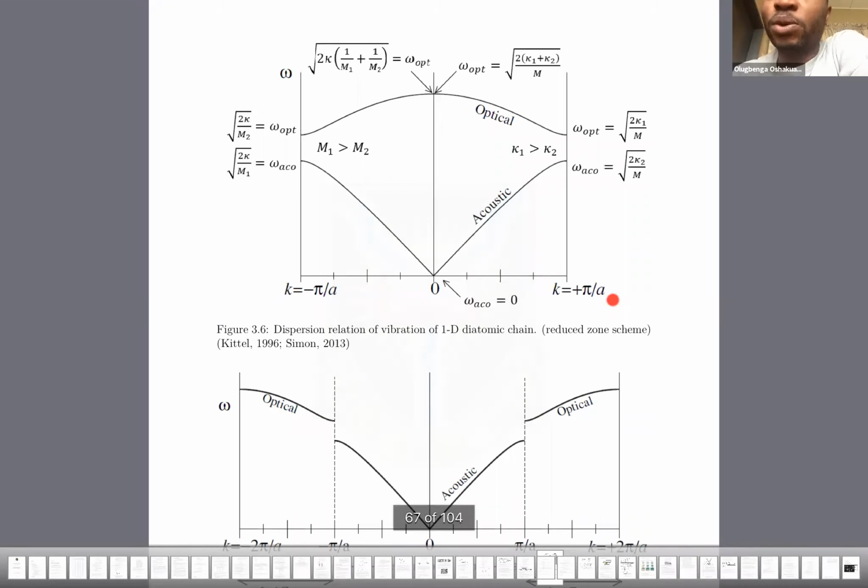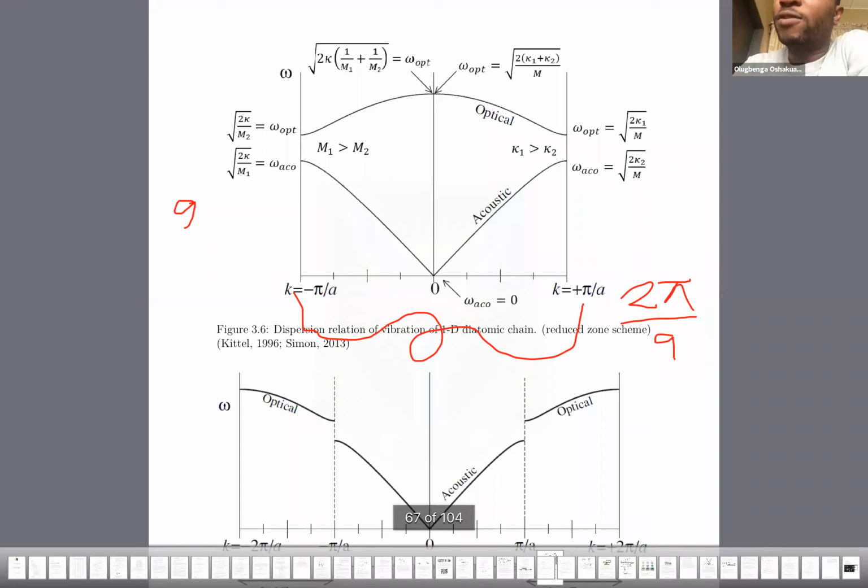That means that the whole length here is 2 pi over a. And when it is 2 pi over a, that means that in one dimension, whatever we have as a in the direct lattice space gives us 2 pi over a in reciprocal lattice space.